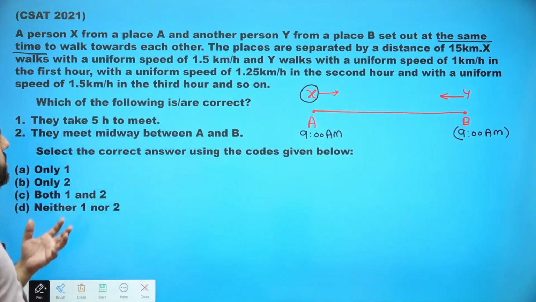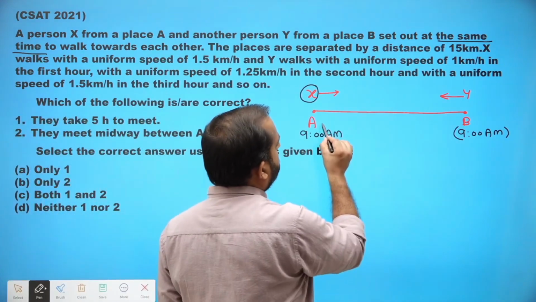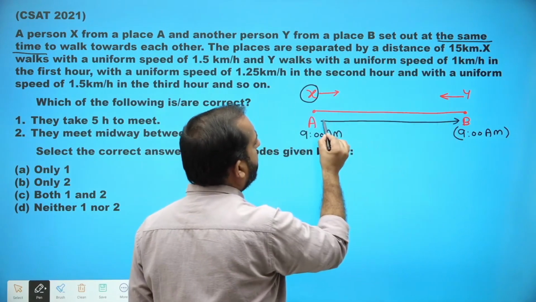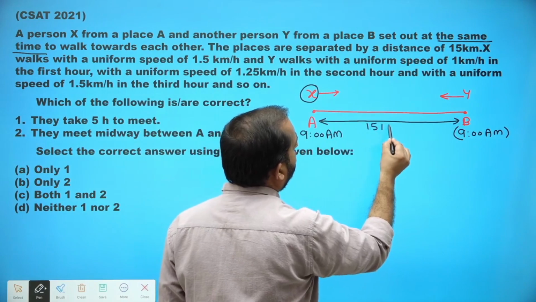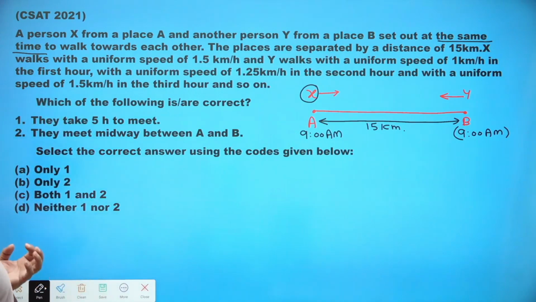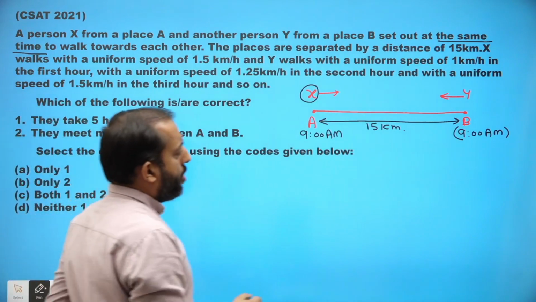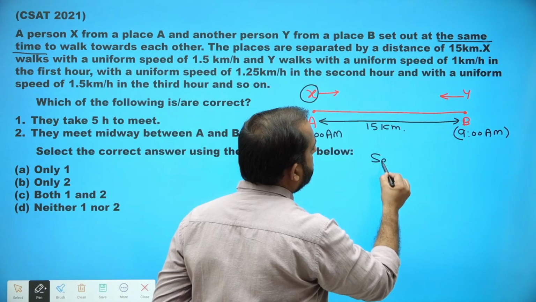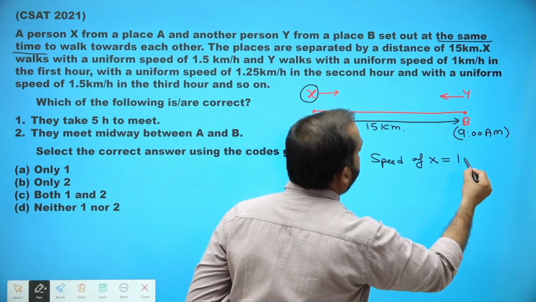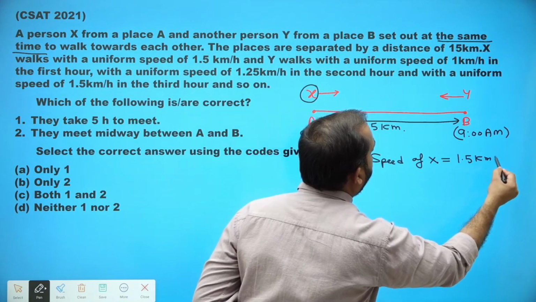Then the next statement is the places are separated by a distance of 15 kilometers. The distance between place A and place B is 15 kilometers. Next, X walks with a uniform speed of 1.5 kilometers per hour. So the speed of X is given to us, it is constant throughout.